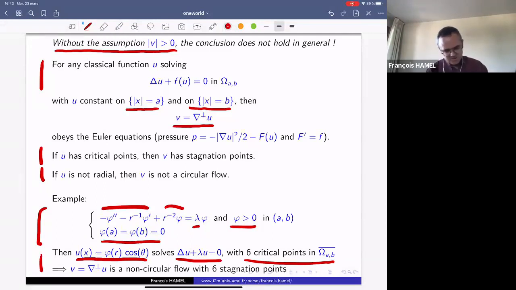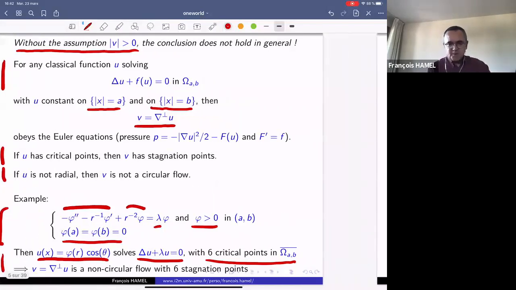Therefore the flow v is a non-circular flow because the function u depends on theta, and the flow v has 6 stagnation points. So it's quite easy to construct examples of flows having stagnation points which are not circular.